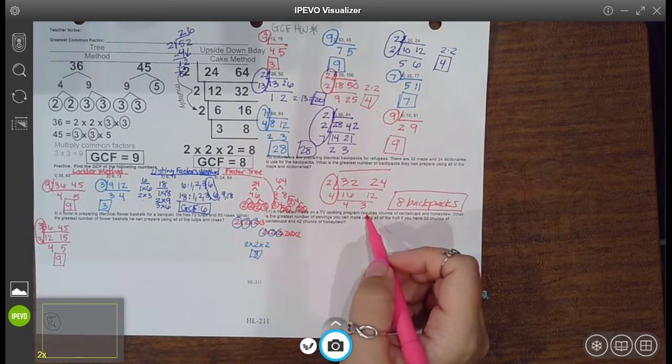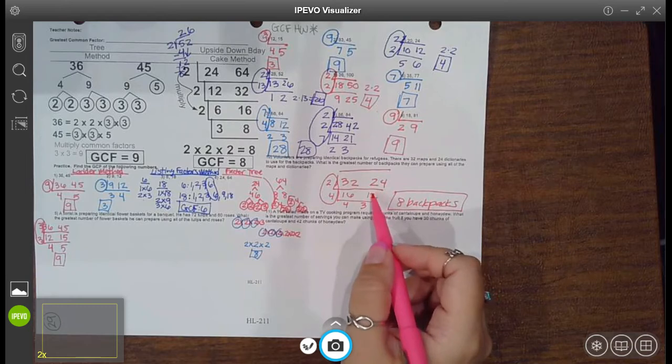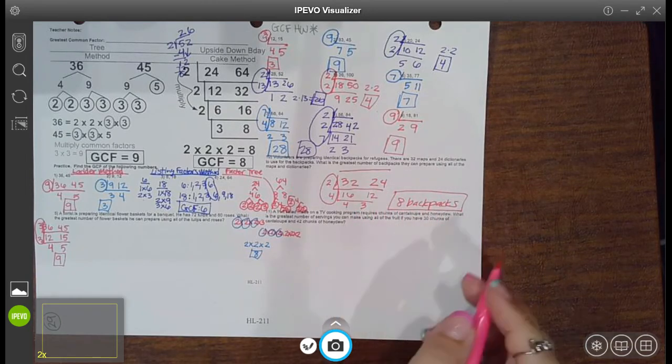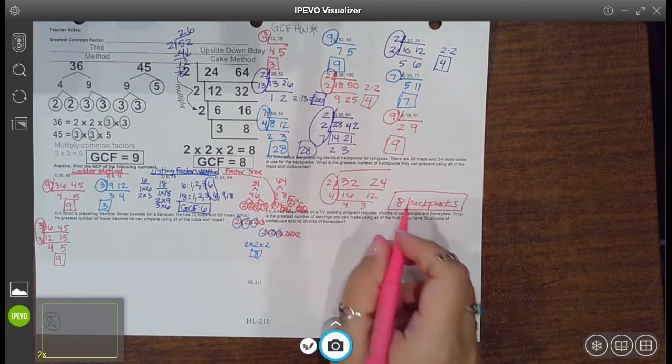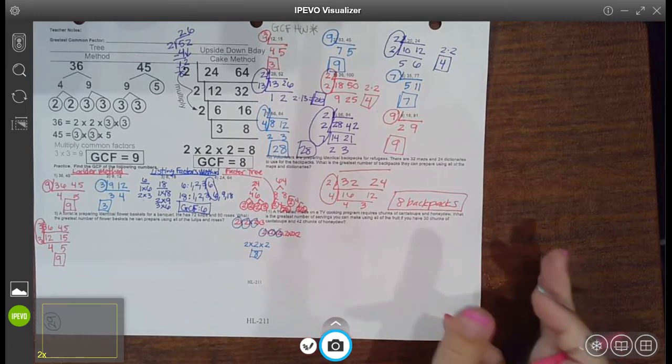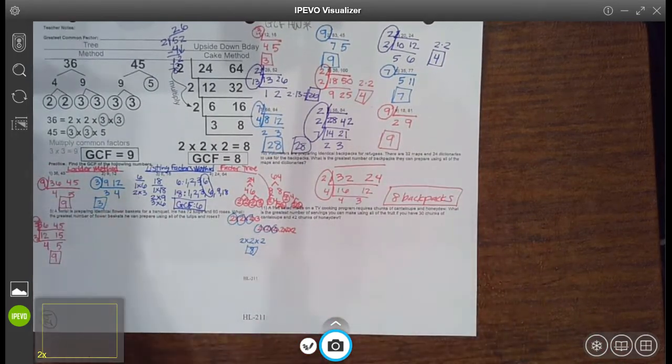Do you think you can figure out what this 3 stands for? What was 24 talking about? 24 was talking about the number of dictionaries. So there's 3 dictionaries in each backpack. So there's 8 backpacks, each with 4 maps and 3 dictionaries. Isn't that cool? I wish they would have taught this way when I was in school.